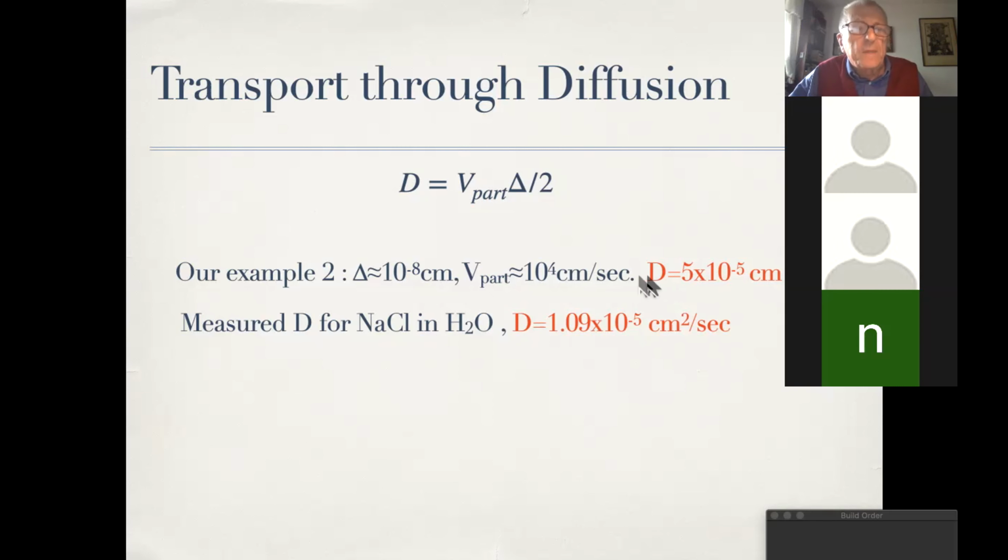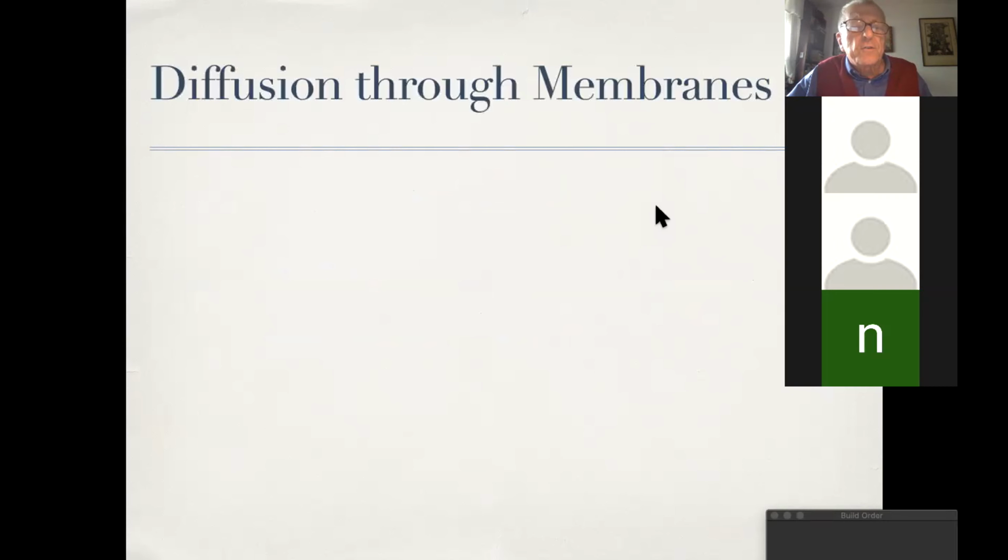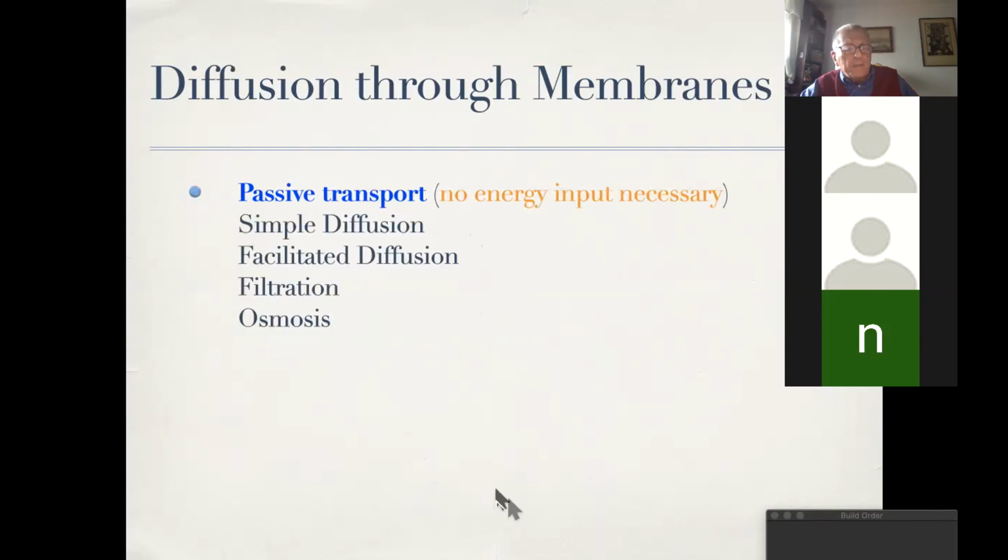All right, so that was a short discussion of diffusion, and I would like to finish the discussion of diffusion by discussing diffusion through membranes. That is something extremely fundamental in biology. And we distinguish two different kinds of transport through membranes.